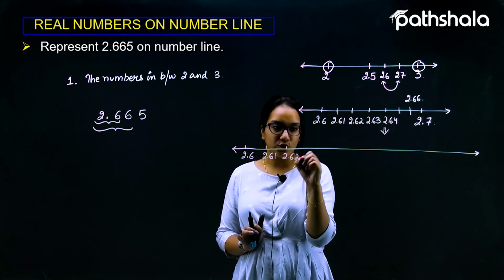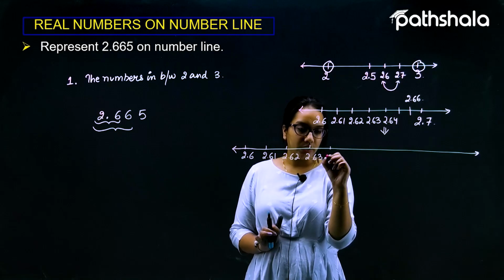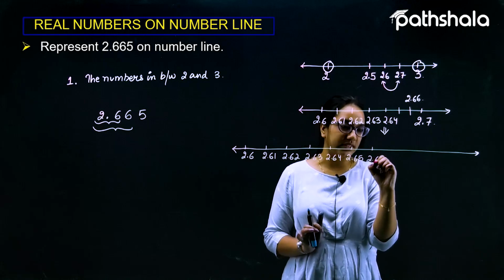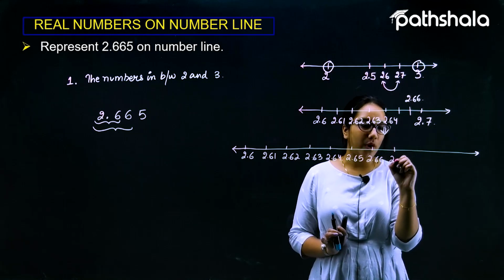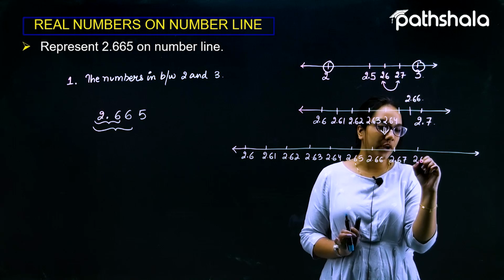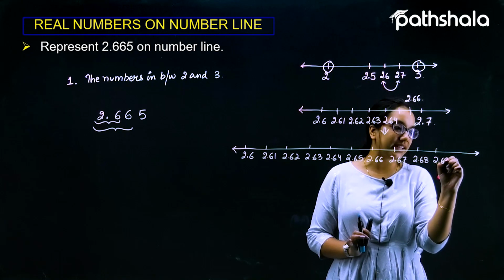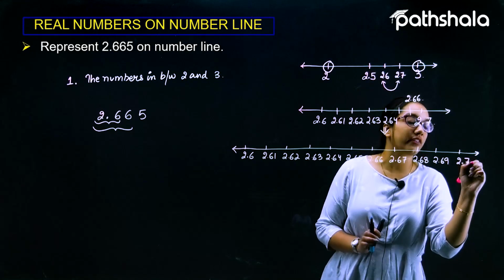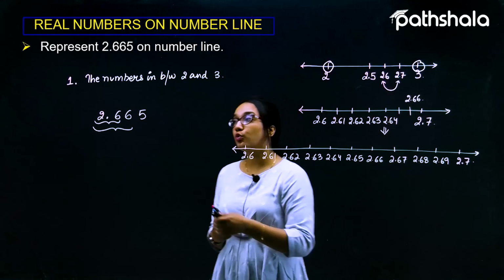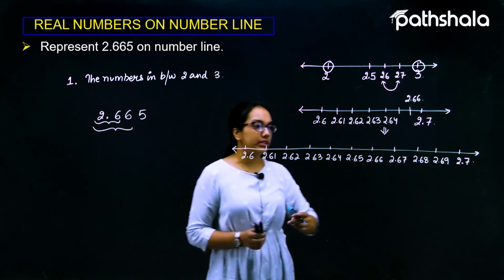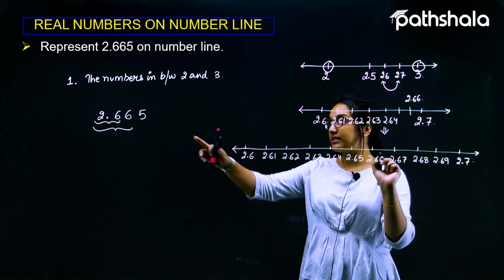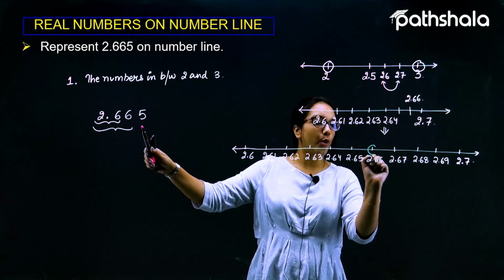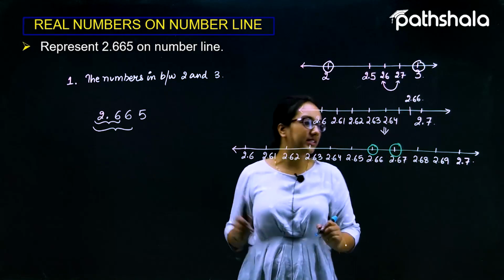This will be 2.62, this will be 2.63, this will be 2.64, this will be 2.65, this will be 2.66, this will be 2.67, 2.68, 2.69, and so it goes on until 2.7. We just want to locate 2.665. So it definitely means that the number 2.665 lies between 2.66 and 2.67.